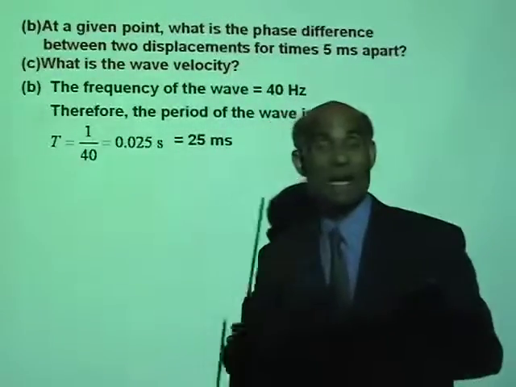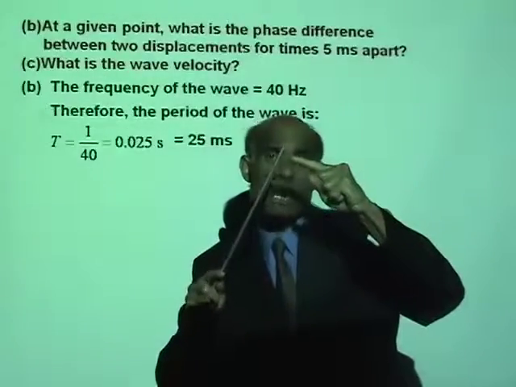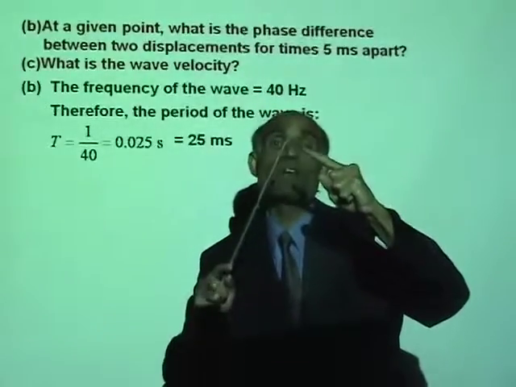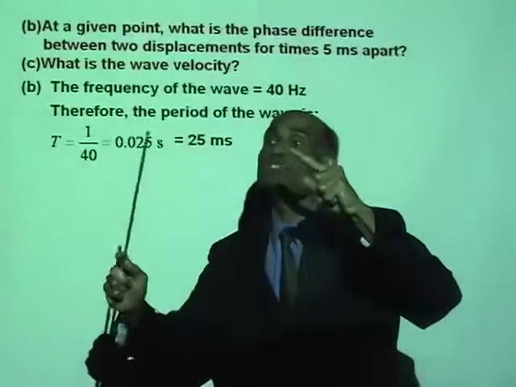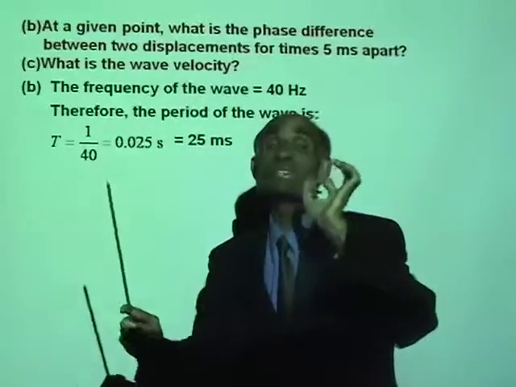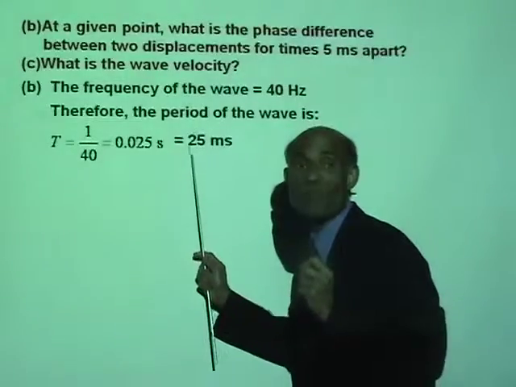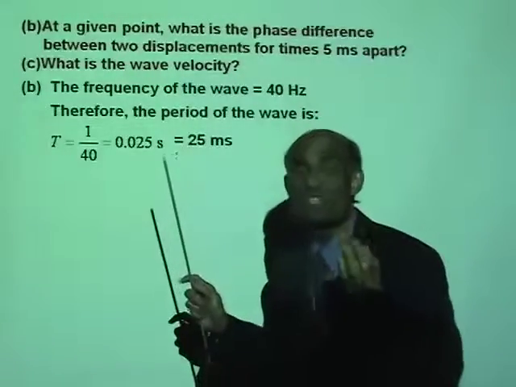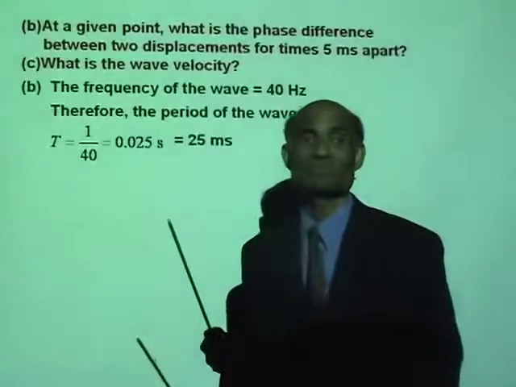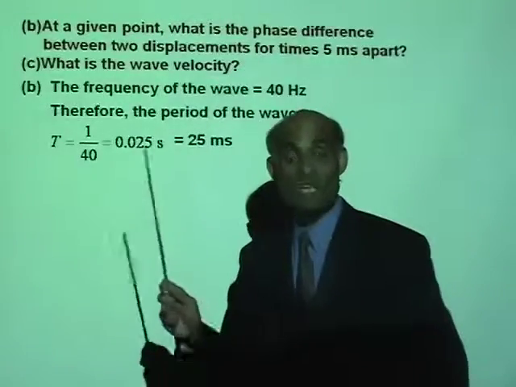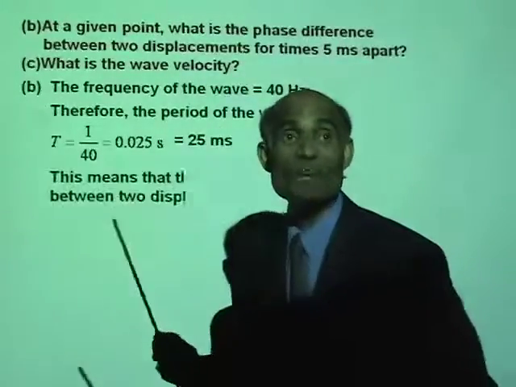And you know that during the time the particle completes one vibration, the distance traveled by the wave is a wavelength. Now tell me, what is the distance traveled by this wave in 25 milliseconds? It is 0.6 meter, the wavelength.